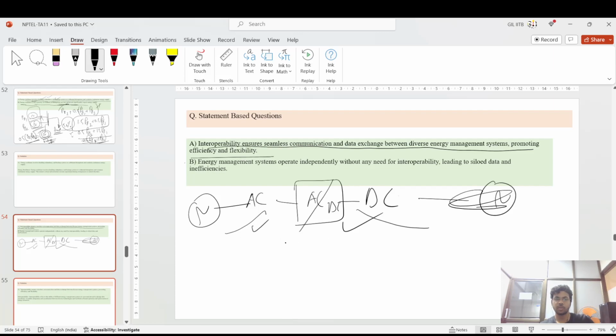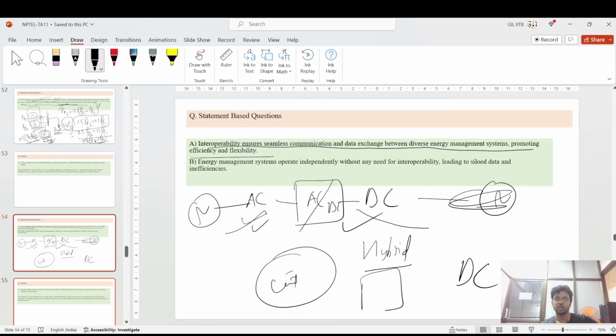So this kind of system has interoperability, so both systems can operate simultaneously. But you need communication for the data exchange. So you have a central controller which manages how much power is to be transferred. So it also increases the efficiency and the flexibility. You can operate AC here, you can also operate AC in the hybrid system, and you can operate with the DC system as well by using this AC DC converter.